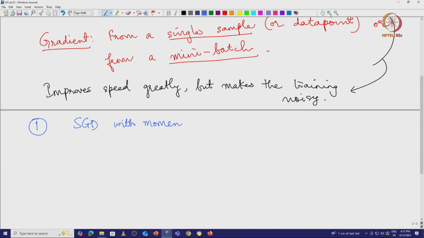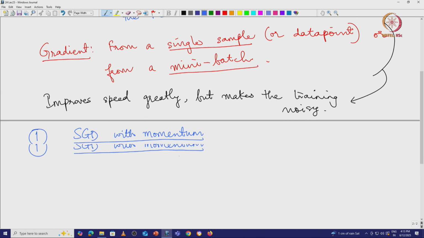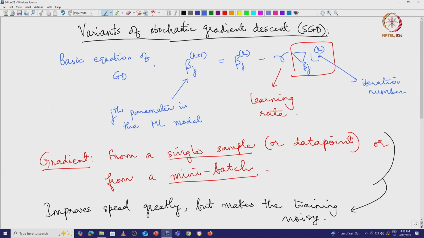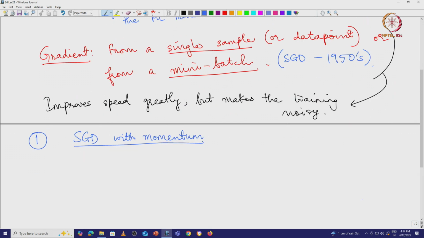And by the way, the basic stochastic gradient descent was developed in the 1950s. And this SGD with momentum, this is fast forward to the 1980s.